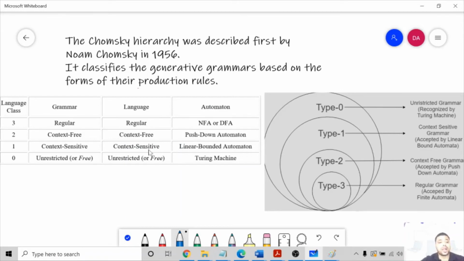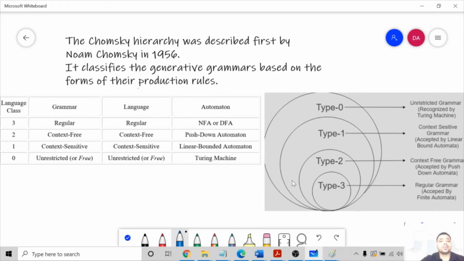Next grammar is type 2 grammar. This type 2 grammar is context free grammar, accepted by pushdown automata, and it generates context free language. And next grammar is regular grammar or type 3 grammar, which generates regular language and is accepted by a finite automaton.